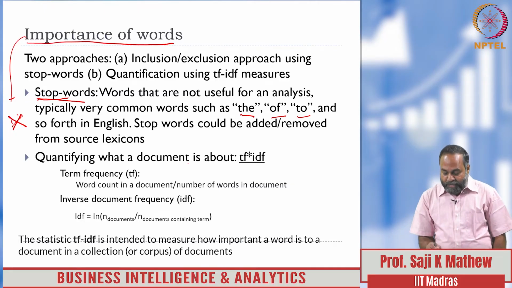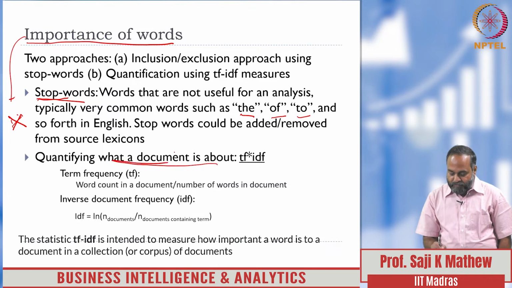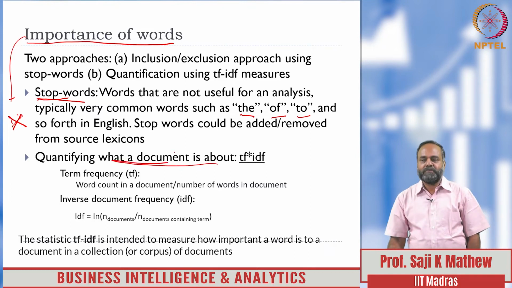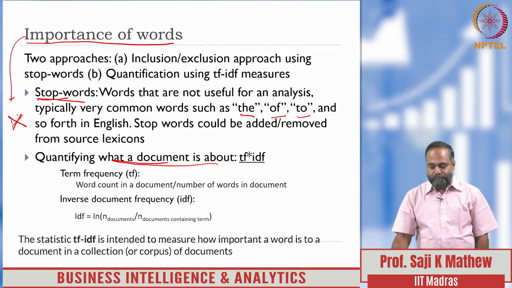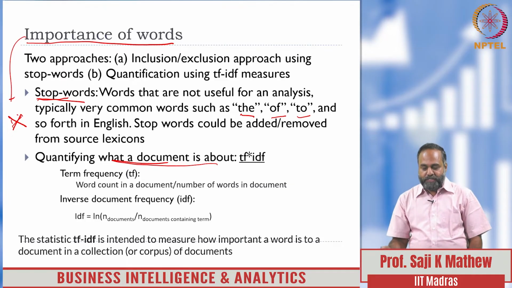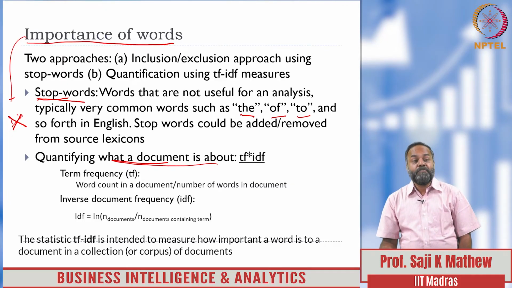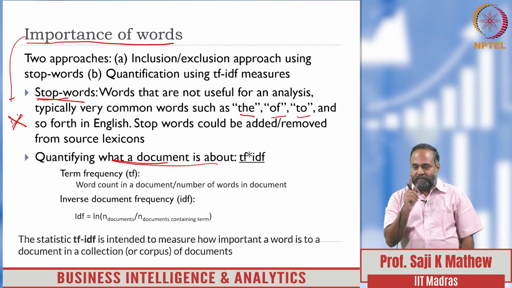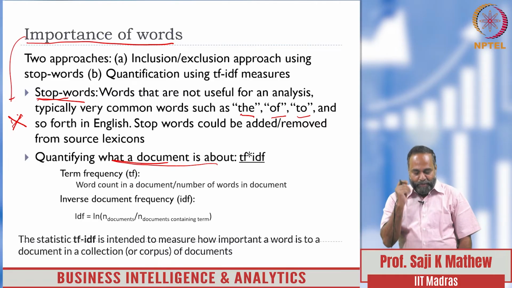Please see that this is a document level importance articulation, for which a measure called TF into IDF, term frequency into inverse document frequency, is used. It has a certain meaning, and you should get what it means.